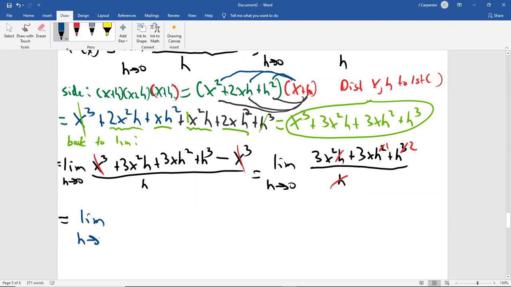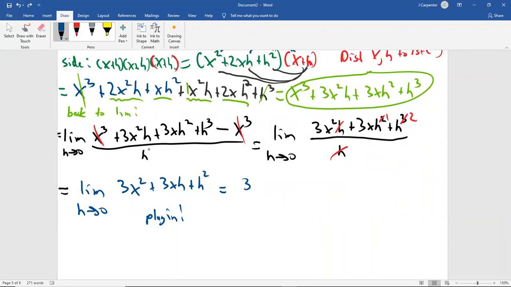Sorry about the color, but I'm not changing it now. Of h, as h goes to 0, of 3x squared plus 3xh plus h squared. Now, we can plug in the 0. I'm sorry. When you plug in the limit, we no longer write limit, obviously.